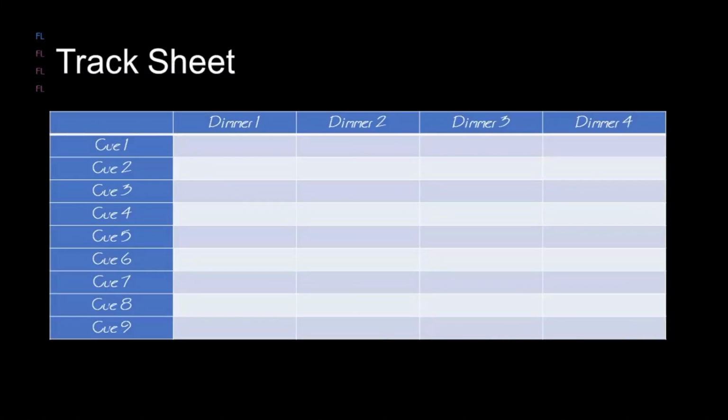The lighting designer would say, if I want dimmer 1 to come up in Q1, I would write on my track sheet that I need to pull that dimmer up in Q1. So when Q1 was called, I would walk over to dimmer 1 and pull the fader up to full, and that's where the light would go. If in Q2 I wanted dimmer 2 to go to 50, then as an electrician, when Q2 was called, I'd walk over to dimmer 2 and push the handle up.